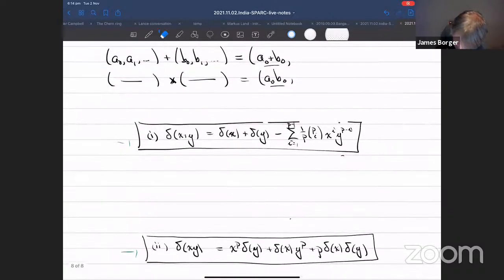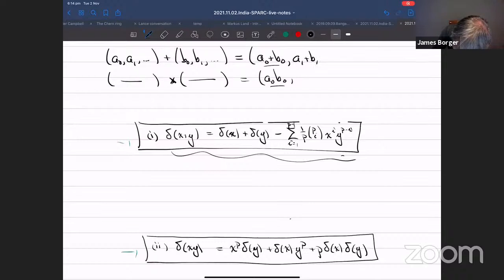So this is our formula. Let me just write out the answer and you'll see how I get it. So it's A1 plus B1, that corresponds. If delta was additive, that would be the end of it, and our formula would end here. But now we have these error terms, and how they come in are exactly like this.